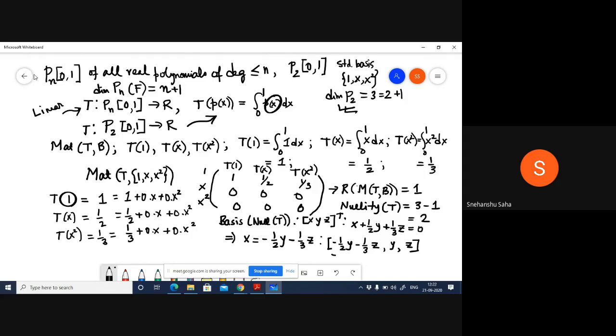And so this can be easily written as y times (minus 1/2, 1, 0) plus z times (minus 1/3, 0, 1).